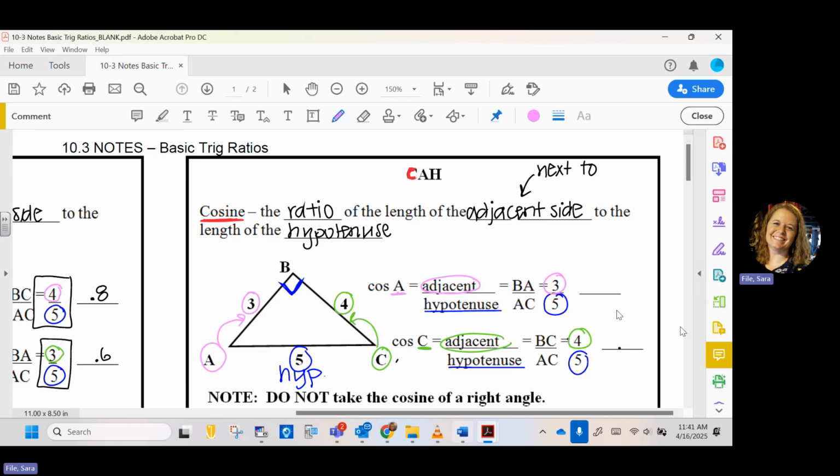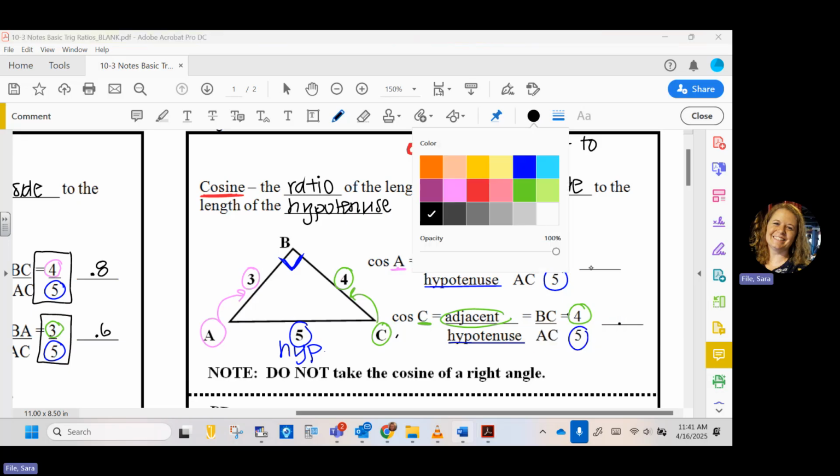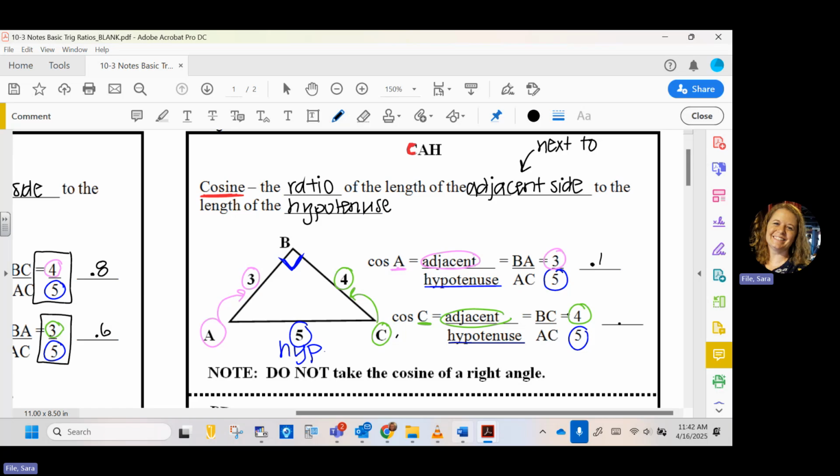So let's try and apply this. And actually, I'll put the decimal here for these because they do come out. So this one would be 0.6 and this one would be 0.8. Do you notice how those are opposite of what the sine were?